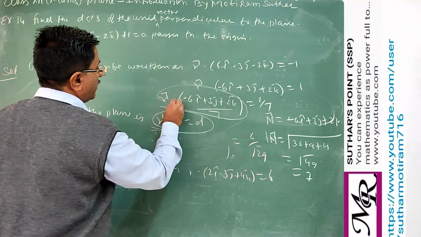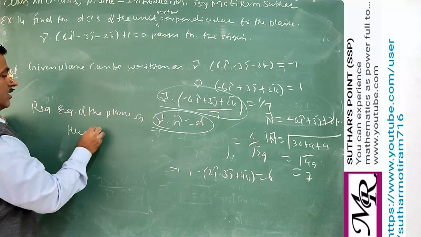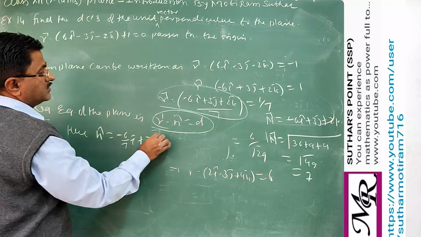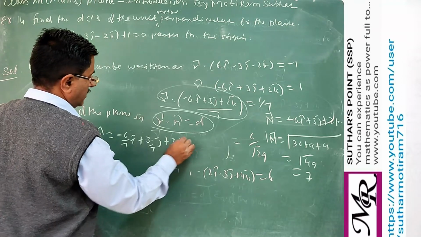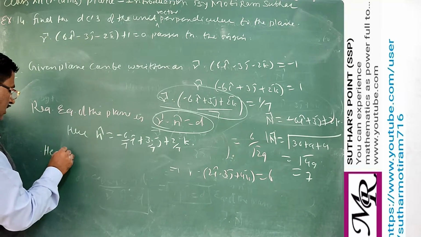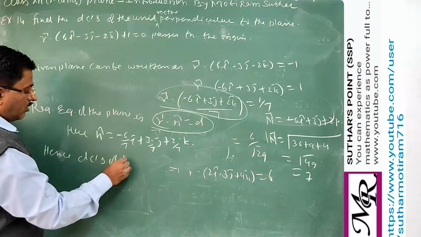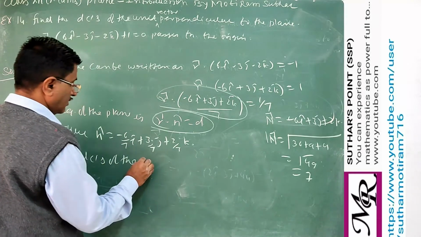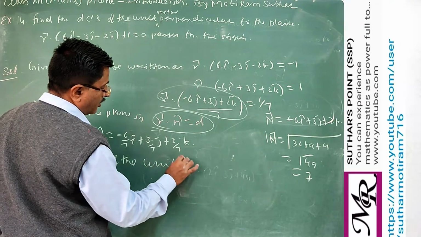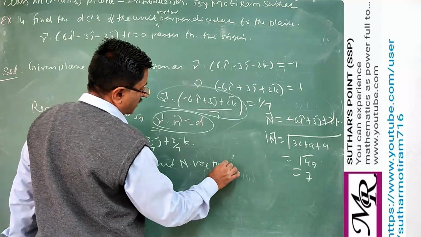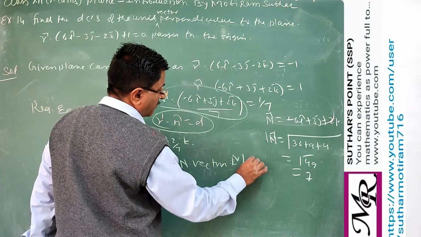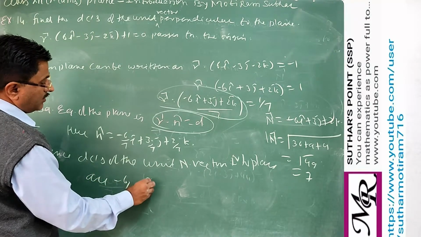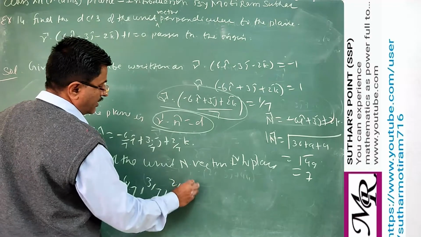So here n cap equals minus 6 by 7 i, 3 by 7 j, 2 by 7 k. Hence, the direction cosines of the unit normal vector perpendicular to the plane are minus 6 by 7, 3 by 7 and 2 by 7.